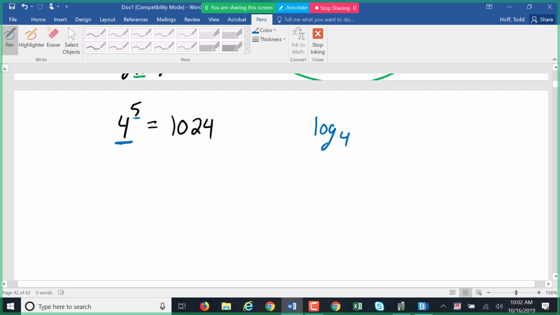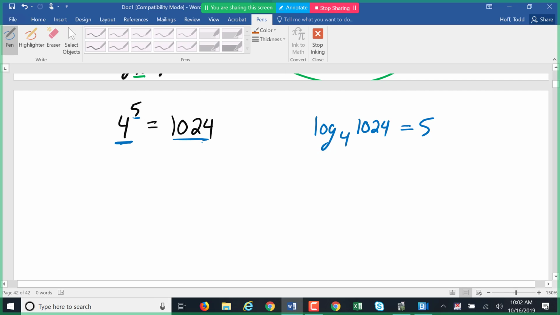The power, the result of the log was the power, so the power becomes the result of the log. And the result of the exponential was the object of the log. So that goes back in there.